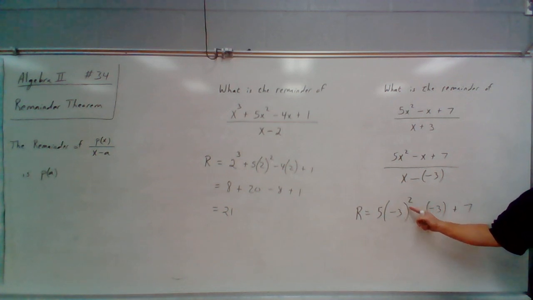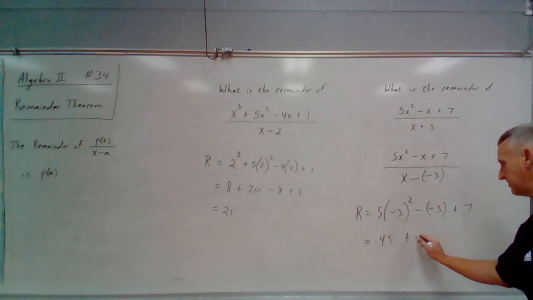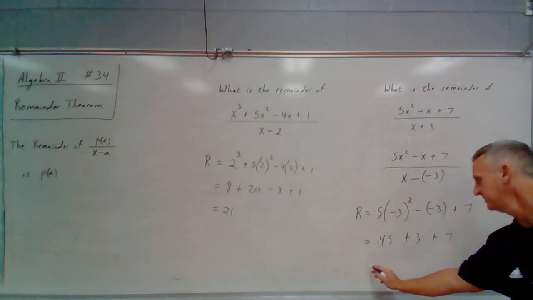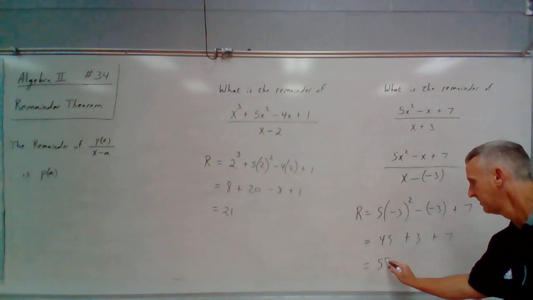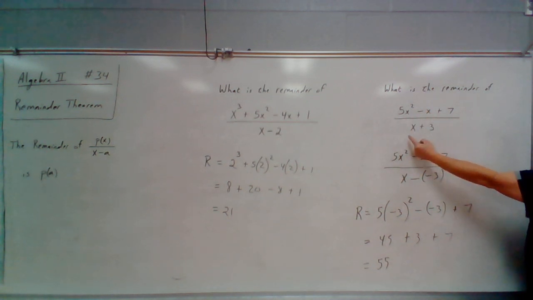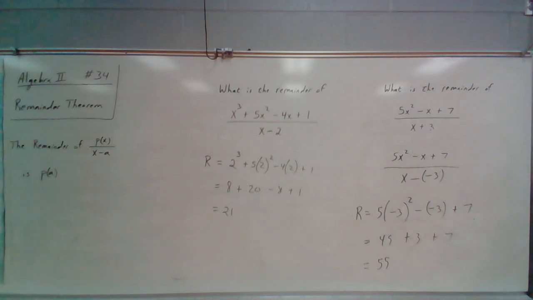Negative 3 squared is 9, so that's 45, plus 3, plus 7. 7 plus 3 is 10, plus 45 is 55. So if I did that long division, dividing this polynomial by x plus 3, my remainder would be 55. If you want to check that, go for it.